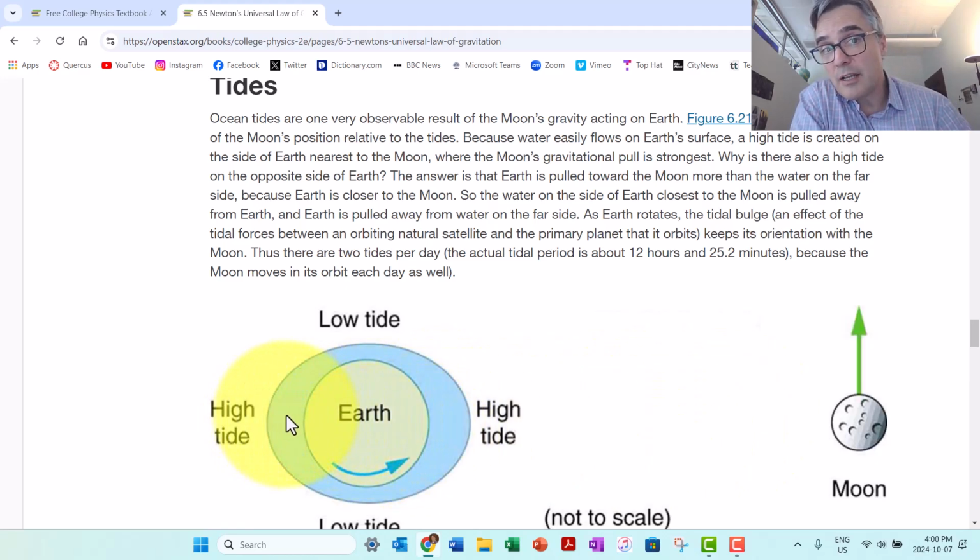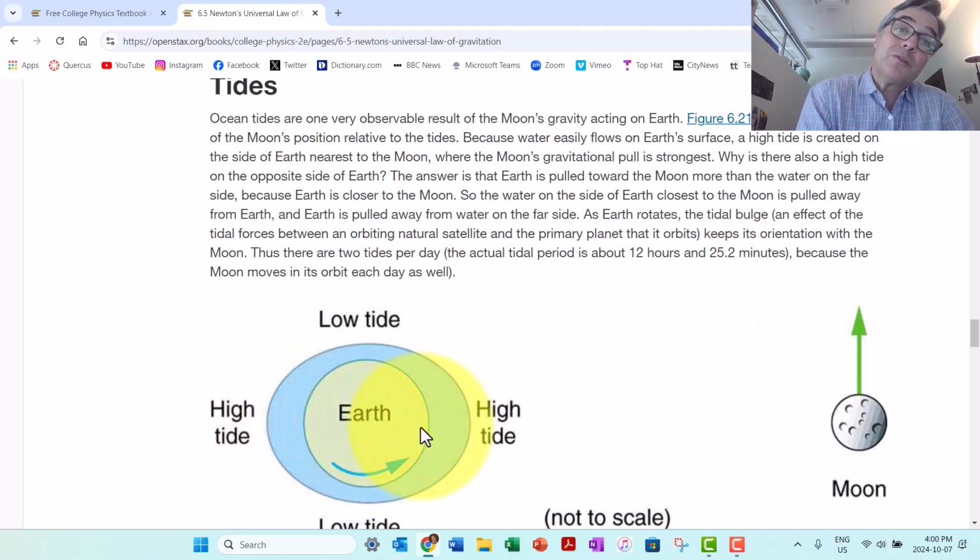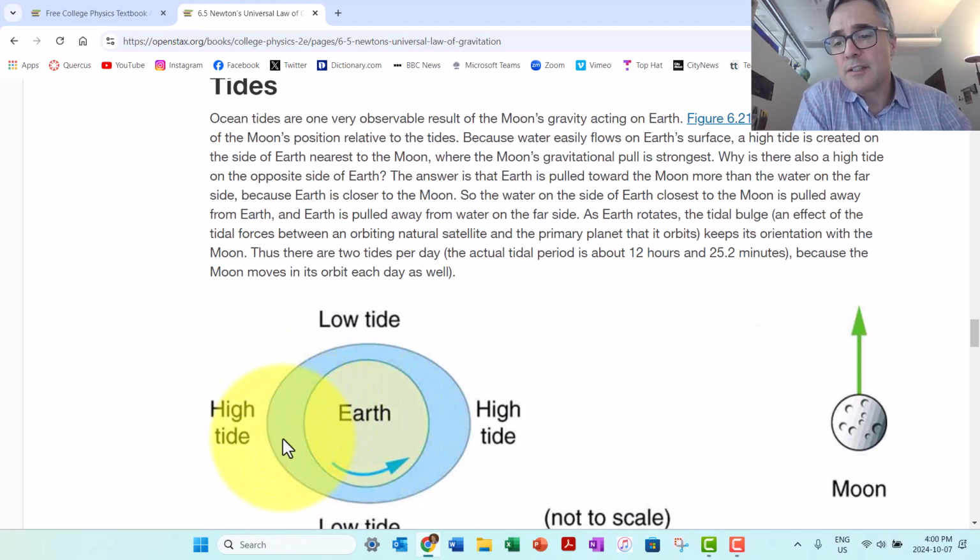The opposite side of the Earth has a smaller force of attraction than the center of the Earth. So what happens with the opposite side is that the Earth is pulled away with a greater force, has greater acceleration than this opposing ocean. And so again, there's a high tide on the opposite side because it's left behind. It doesn't accelerate as much as the center of the Earth.